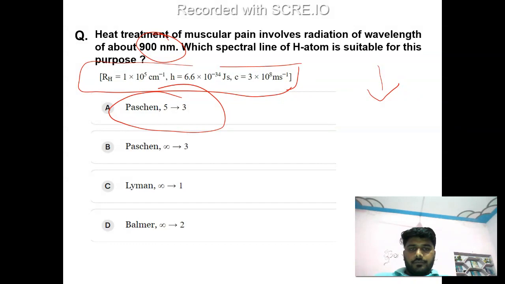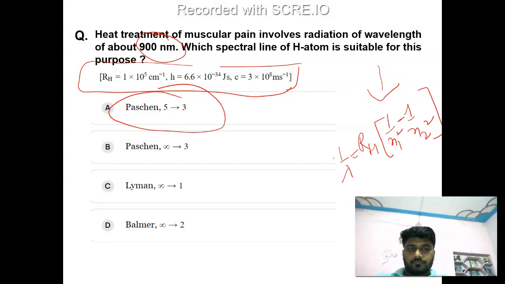What you have to do first is apply this formula, and check for all the four options.